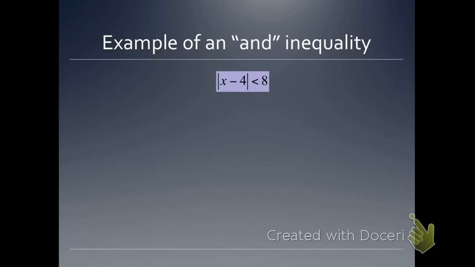So we could try a couple of numbers. Is 0 a solution? Well, 0 minus 4 is negative 4, which is less than, and then the absolute value is 4, so 0 works.